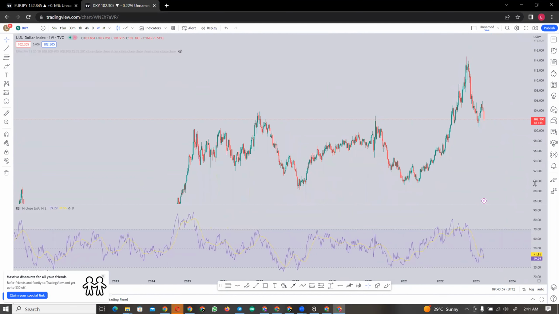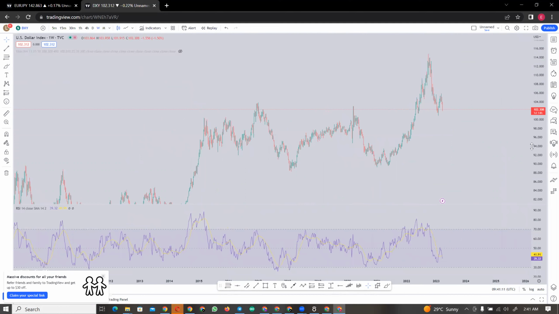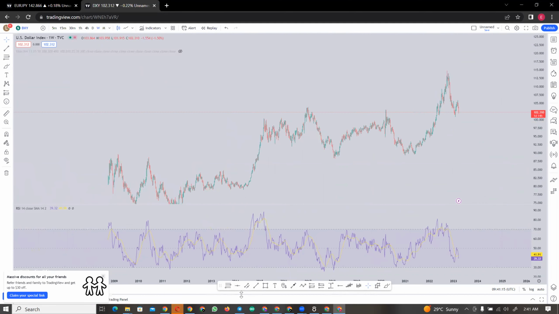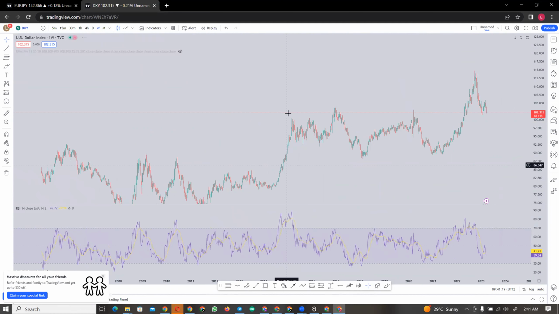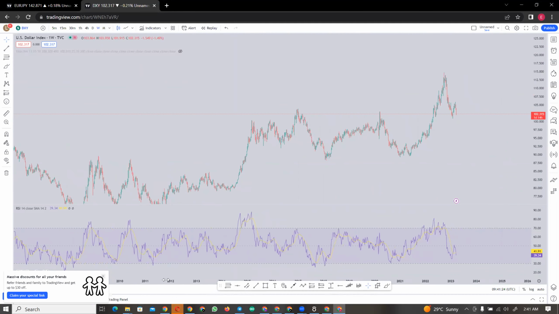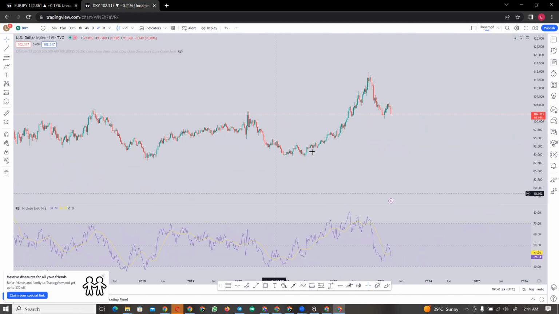Looking at DXY from weekly time frame, you see we are just bullish.